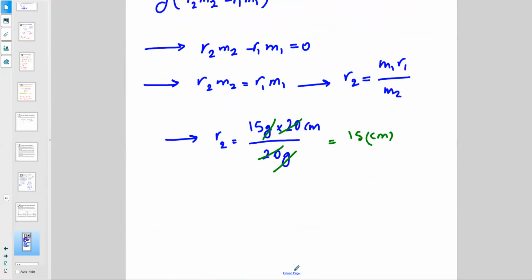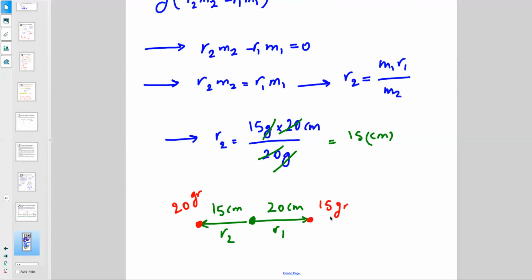So what you have is this is at the center. This is 20 centimeters as your R1, and this is 15 centimeters as your R2, and then you have 20 grams of mass right there, and 15 grams of mass there.